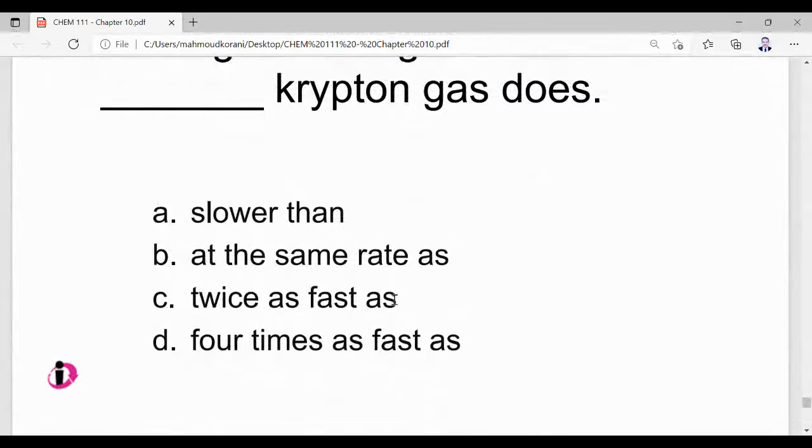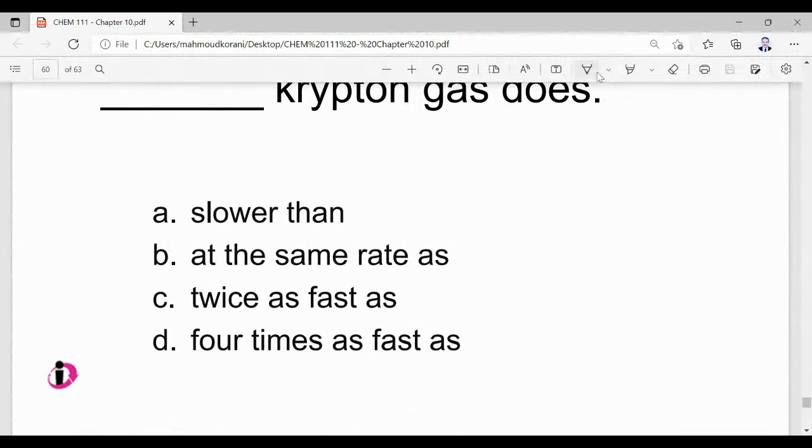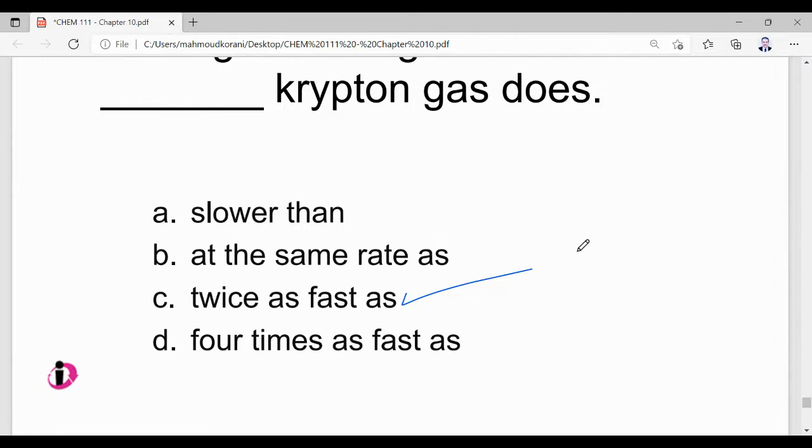As I mentioned, it should be krypton. It's not 18. This one is wrong.